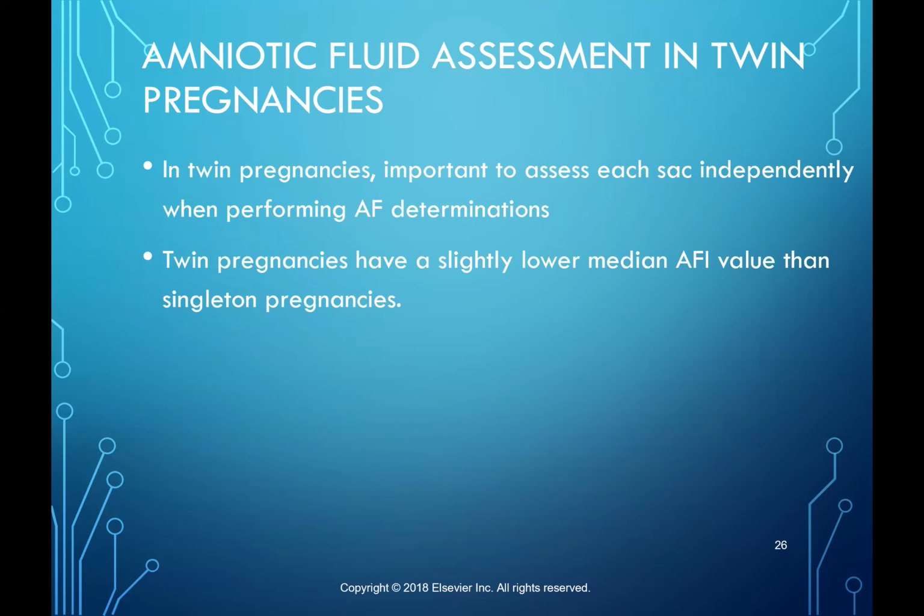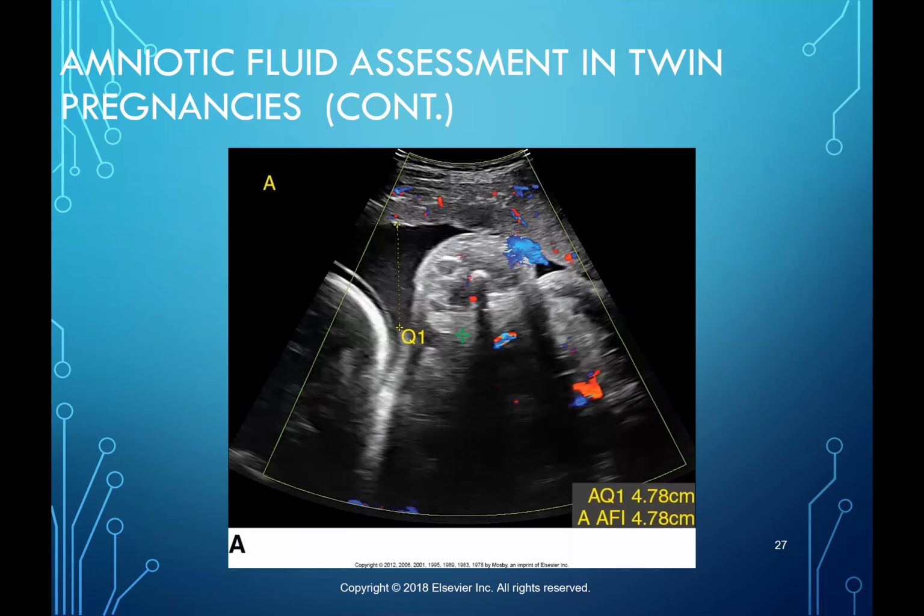In twin pregnancy, it's important to assess each sac independently when performing amniotic fluid determinations. Twin pregnancies have a slightly lower median AFI value than singleton pregnancies. So it's just really difficult; it's just impossible to separate the 2 sacs into 4 quadrants.